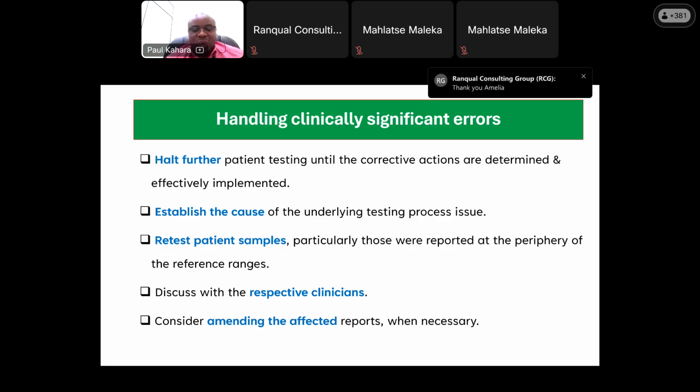How do we proceed with these EQA reports, these IQC reports that are not okay? And they may also suggest to you, is it okay to amend the report, or we just leave it and then the patient, the doctor will manage the patient the best way they can. And like you're saying, consider amending the affected reports. So this is what you will have to undergo if you, by any chance, failed in IQC and EQA.